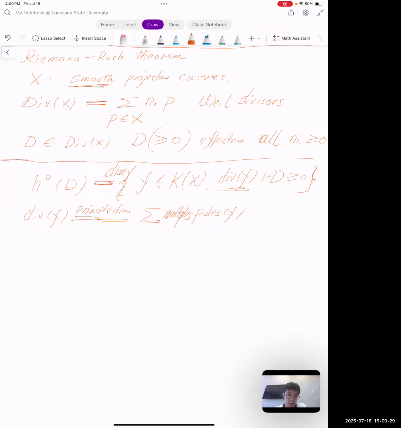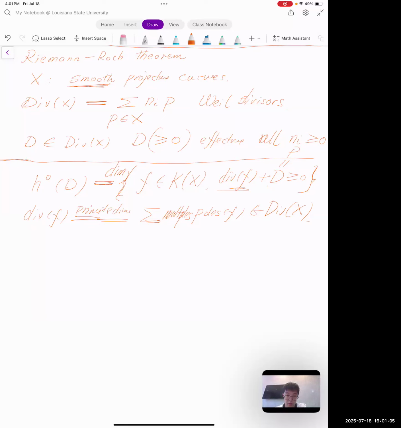And they're only finite, so it's a well-defined divisor called the principal divisor of s. And H0(D) is taking all these rational functions whose principal divisor plus the original divisor is effective, which means that the poles and the zeros are controlled by the points of D. For example, if D is a single point P, then this space is basically all the rational functions only allowed to have one pole at P, and everywhere else you don't have poles. And you count all these vector spaces and count the dimension.